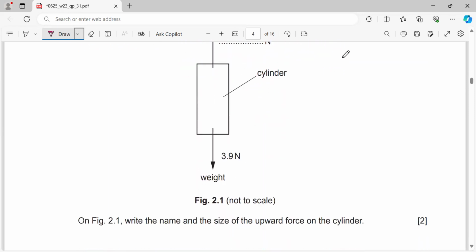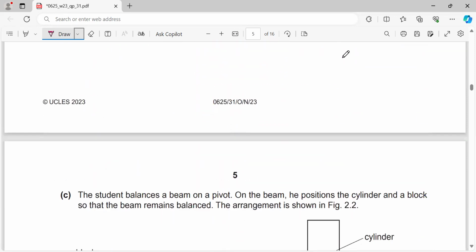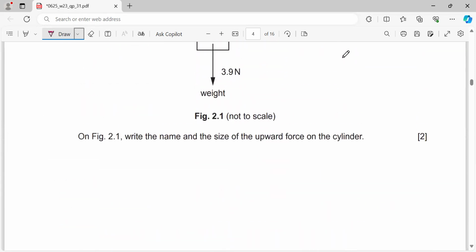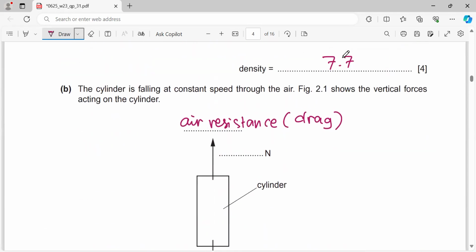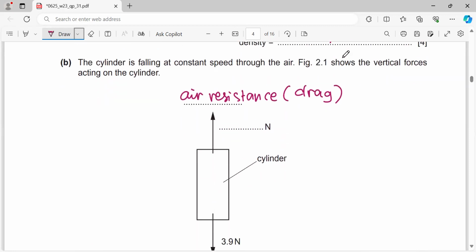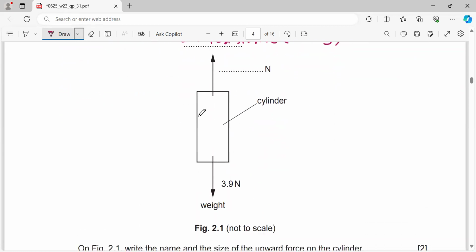And what else on the cylinder? Let's look. Oh, weight is 3.9 newtons.